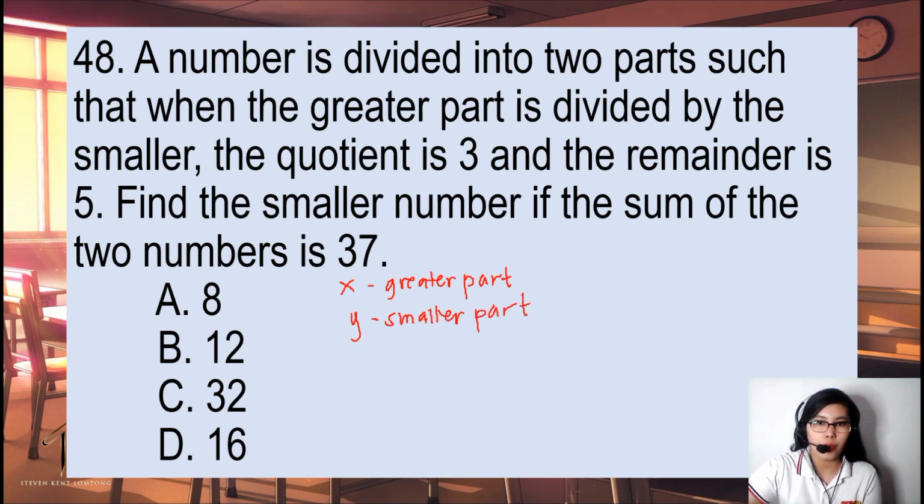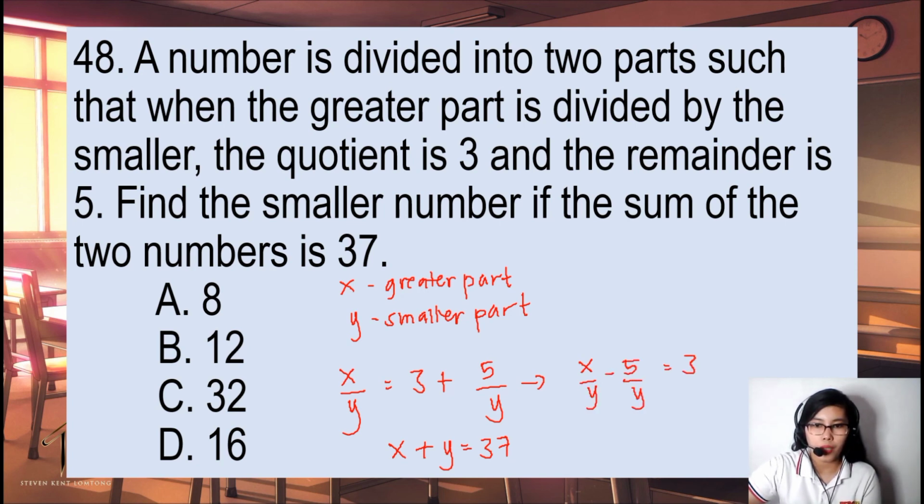Then, when the greater part is divided by the smaller, the quotient is 3 and the remainder is 5. So find the smaller number if the sum of the 2 numbers is 37. Sum of 2 numbers is 37. So our first equation, let us just simplify it first. x over y minus 5 over y is equal to 3.